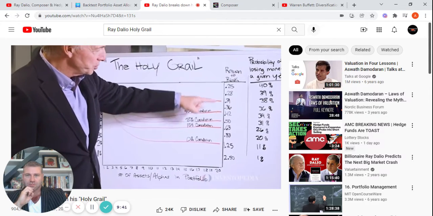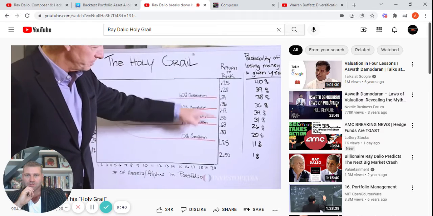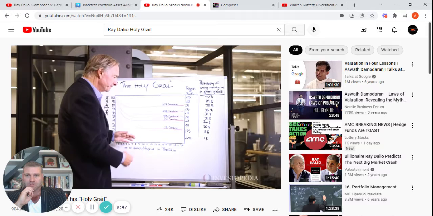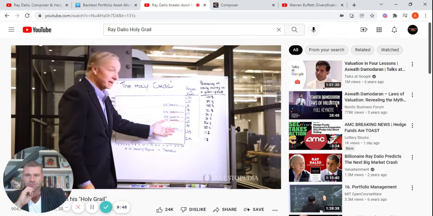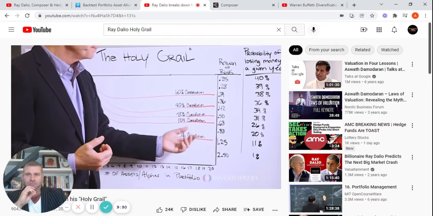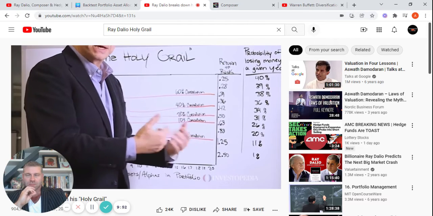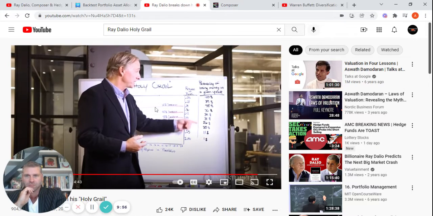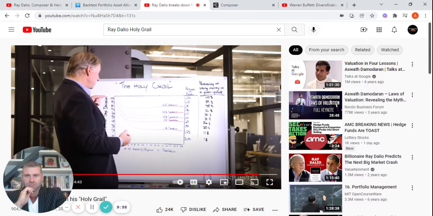So this is the return to risk ratio that happens for each one of those. Like if I can get zero correlation and I have 15 to 20, I'll have an information ratio, a return to risk ratio of 1.25. That means my probability of losing money in a year is only 11%, as distinct from 40% with any one of us.